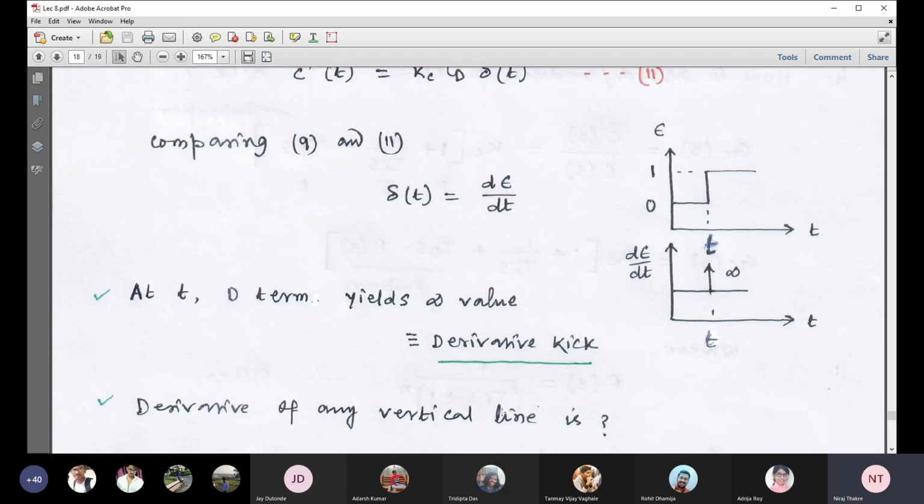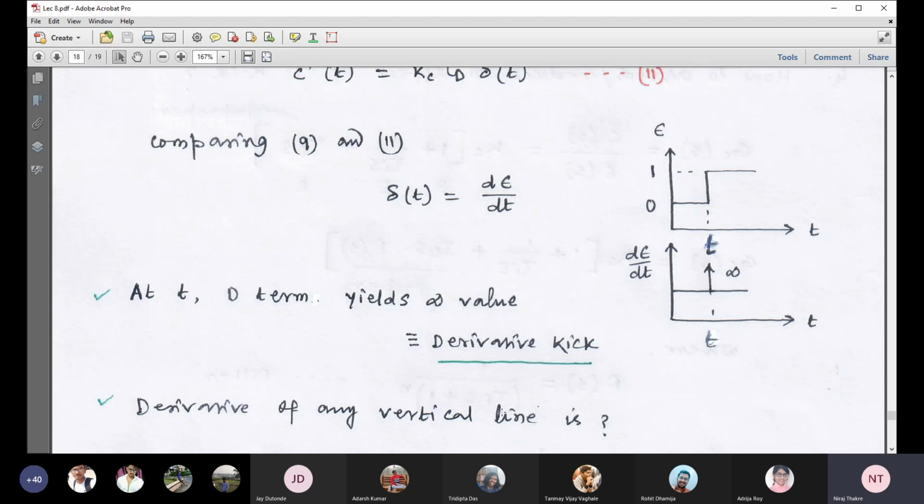You know the derivative of any vertical line is infinity. Is this clear? Yes, sir. Okay, so this is derivative kick.